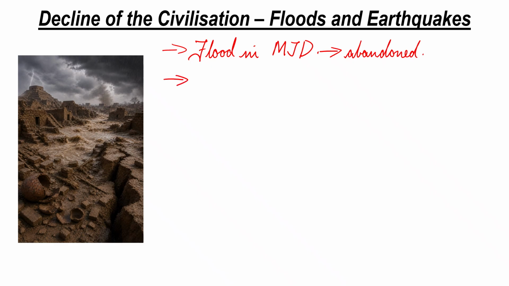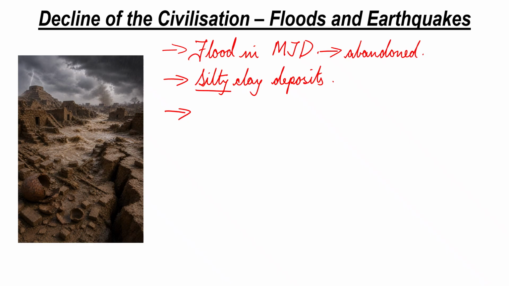Then we have evidence of silty clay deposits. What is silt? Suppose an area is filled with water. After some time the water will dry off, but there will be a layer of soil. That layer of soil is called silt.